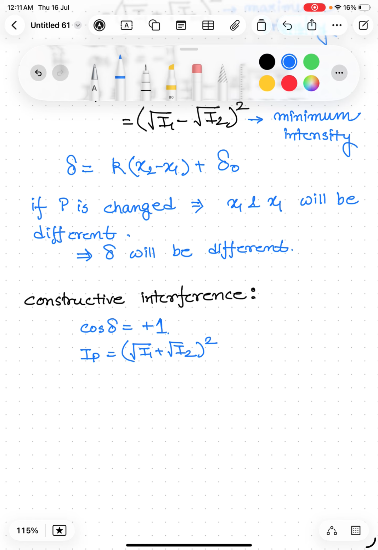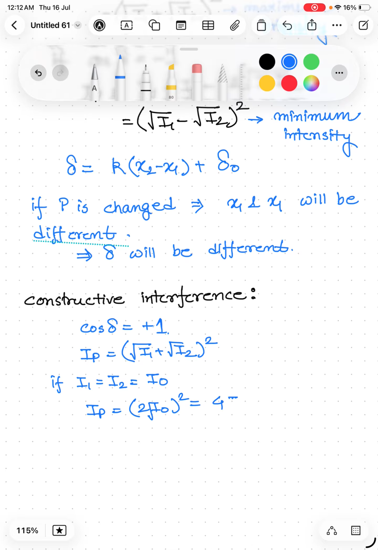And if I1 equals I2, that is, the contributions from the two sources are the same and equal to I naught, then I get Ip equals 2 root I naught whole square, which is 4 I naught.